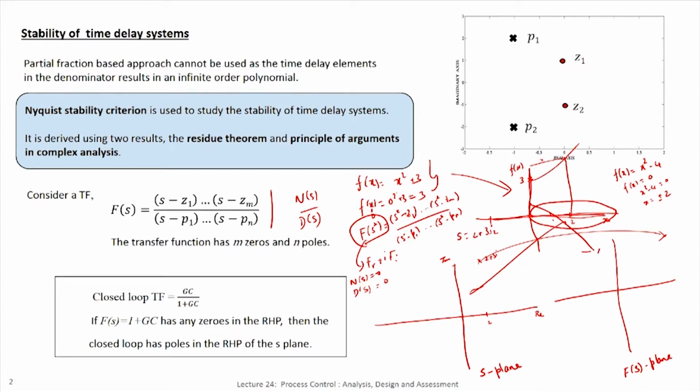If I ask for the numerator going to 0, the corresponding points are plotted here. So, I might plot this as a 0 point, this as a 0 point and so on. You see that plotted in the s plane. So, the key idea is that the zeros of f of s, which are values where n of s goes to 0, will have to be plotted in the s plane, not in the f of s plane.